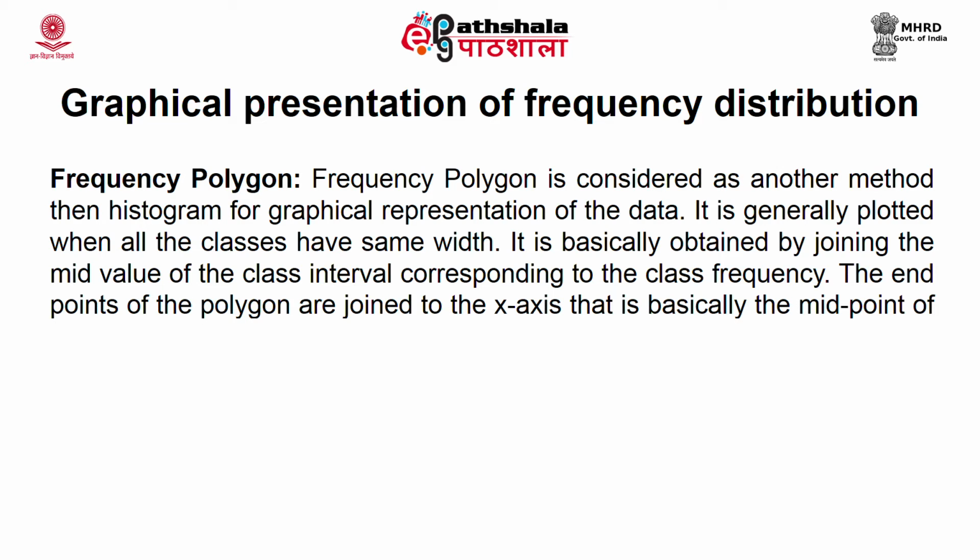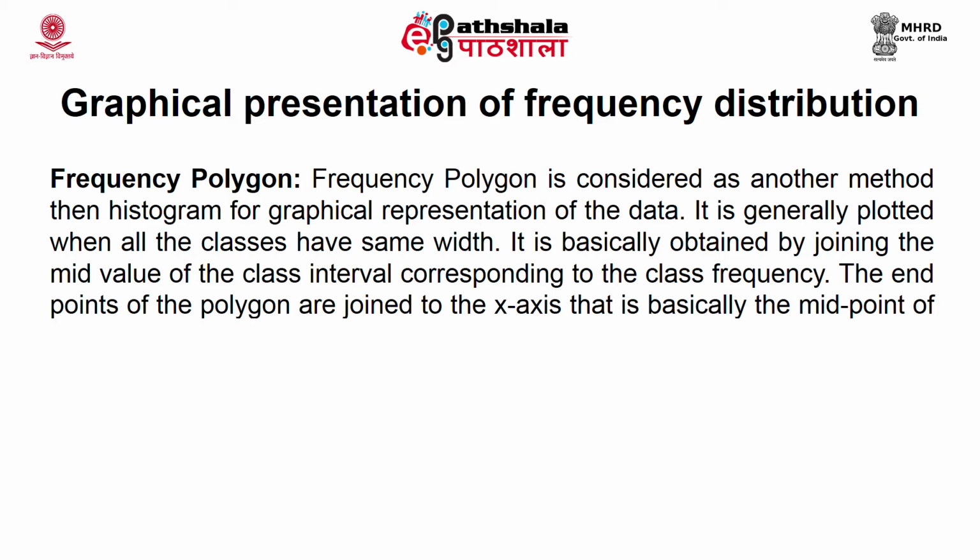Now come to the frequency polygon. The frequency polygon is considered another method besides the histogram for graphical representation of data. It is generally plotted when all the classes have the same width. It is basically obtained by joining the mid values of the class intervals corresponding to the class frequencies.